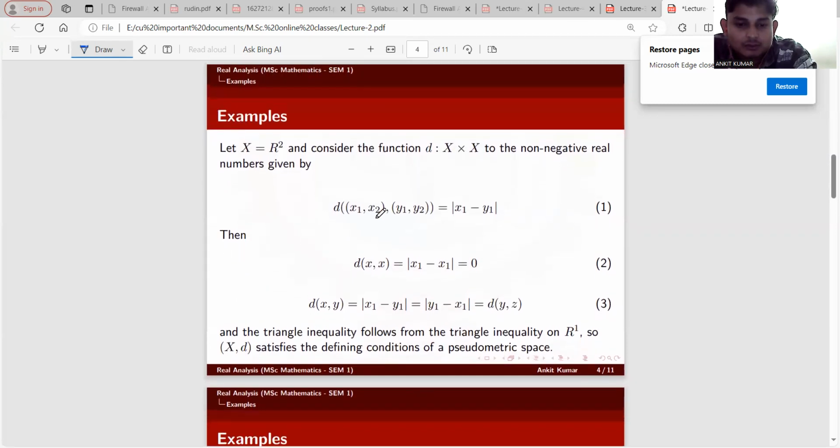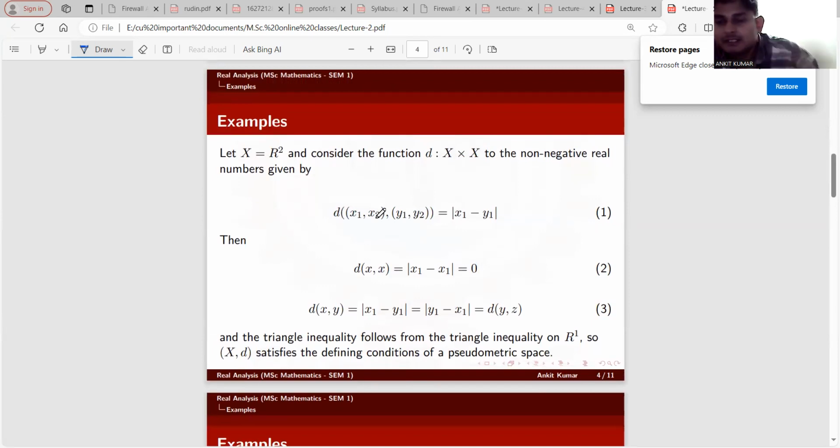So what are the most important examples of the pseudo-metric spaces? How will we define this? Suppose let capital X be equal to R square and consider the function d from X cross X to the non-negative real numbers given by d of (x1, x2), (y1, y2) is equal to mod of x1 minus y1.